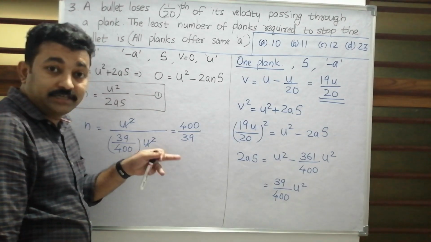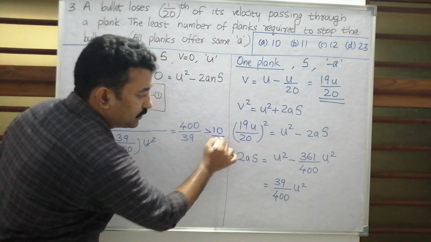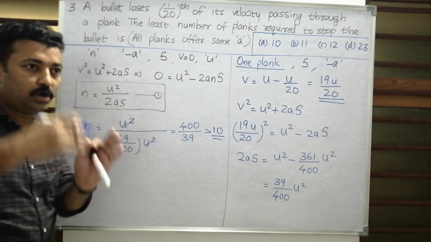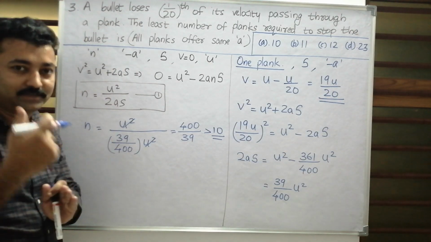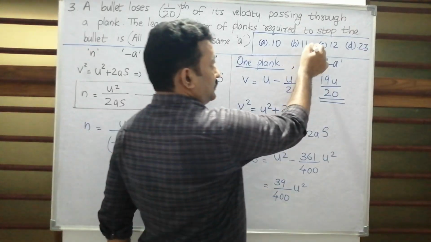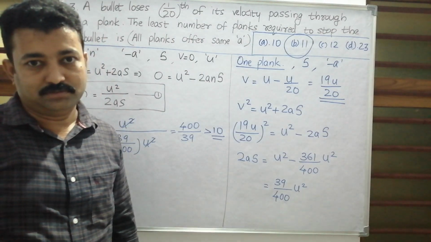Remaining is 10. So that is greater than 10, less than 12. That means 10 number of planks will not be able to stop it. We require number of planks greater than 10. So we can say which will be the right answer. We need 11 number of planks to stop it.